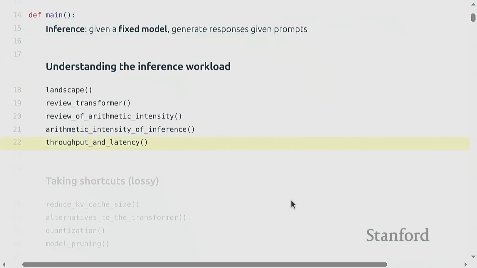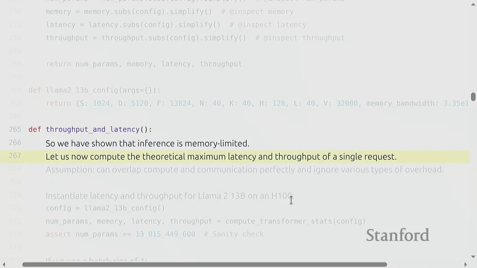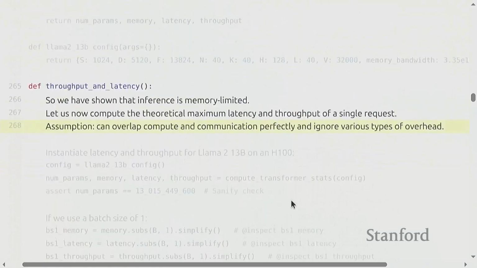So now we know that inference, thanks to generation, is memory limited. Let's try to study the throughput and latency, at least in theory. We're going to make some assumptions.